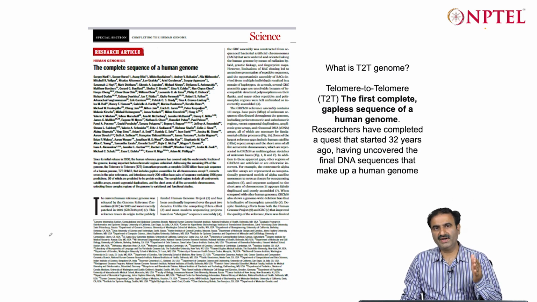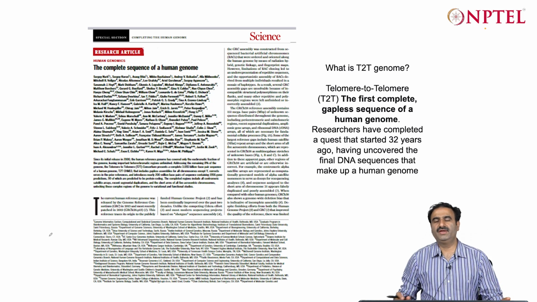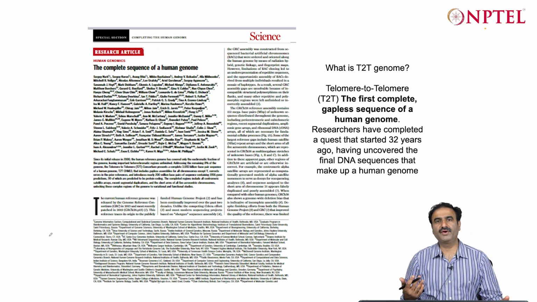So people were dealing with different drafts of various good quality, but since there were still some gaps in the human genome, and now since we have established a benchmark in terms of the human genome, the genomics of other organisms and its importance in the health of those organisms or to the environment can be studied.